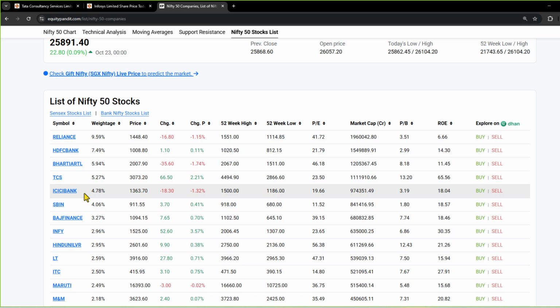Okay, so this is a very simple way to put it. All right, so the weightage of each company in the index is this much percentage. All right, so I hope the concept of free float market capitalization is clear.